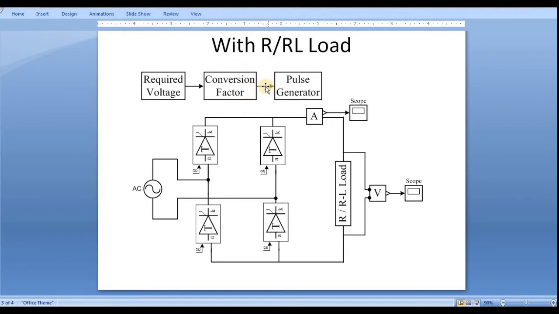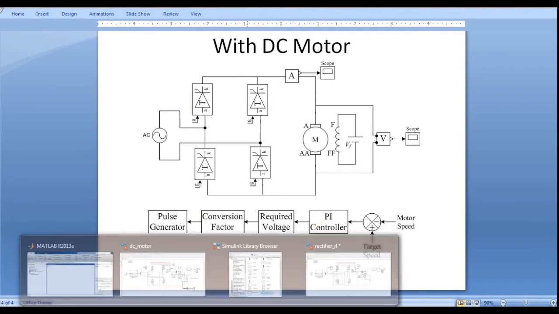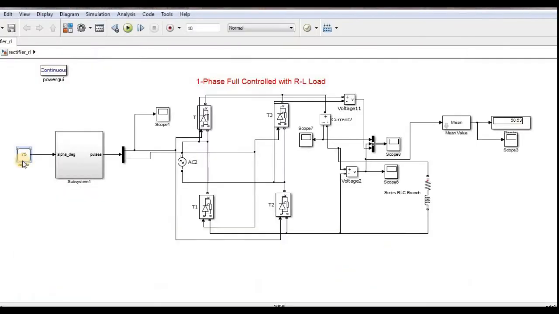I directly applied the firing angle over here, because these things can be explained for the next project, like with DC motor control, I will explain each and everything. So for timing, here I am directly giving the firing angle.